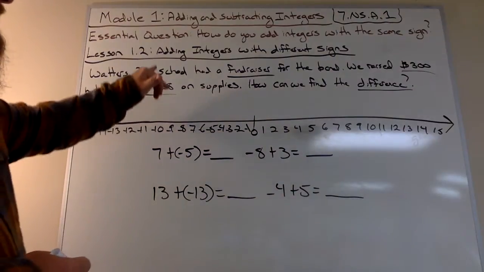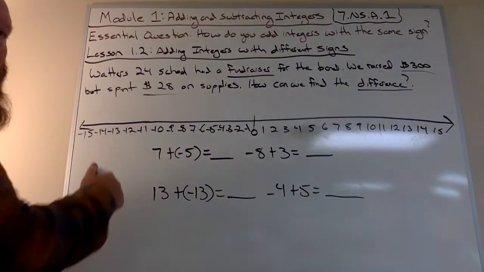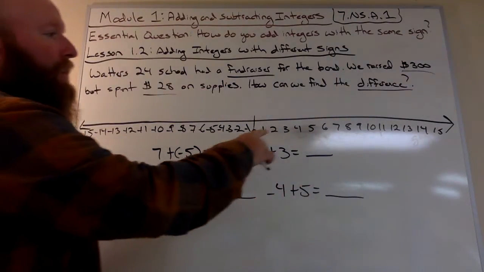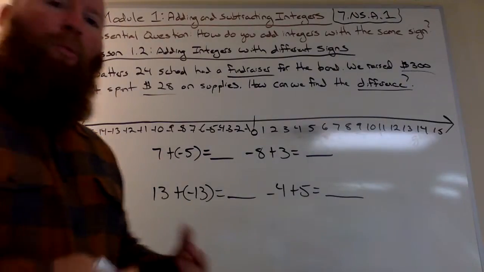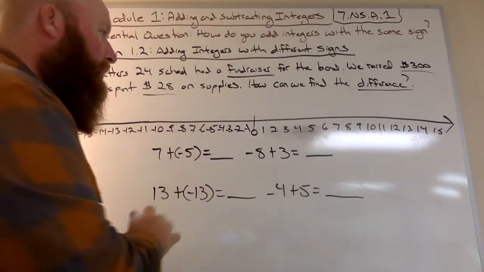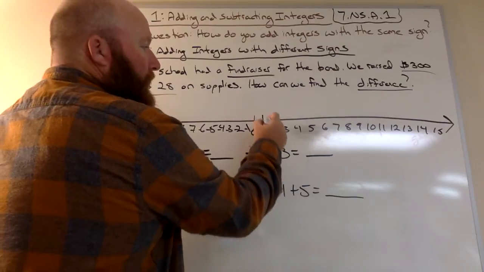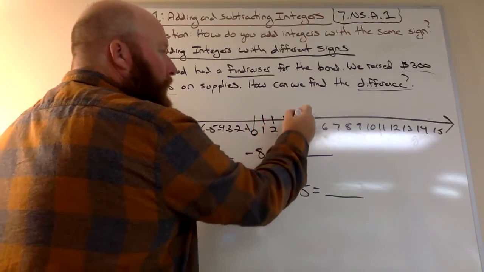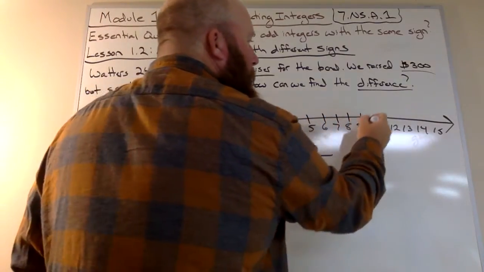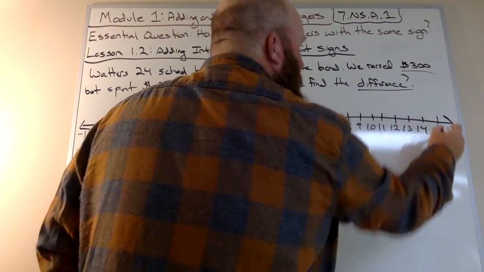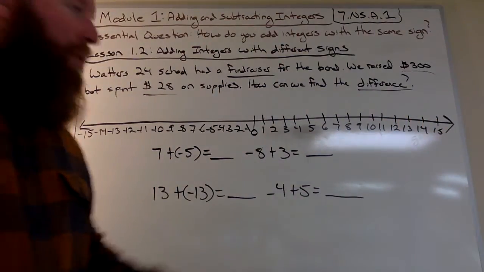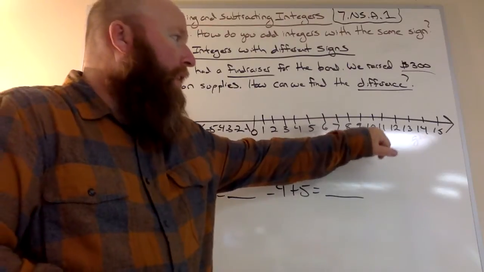So, adding integers with different signs. You can see I had the number line again, but this time I extended it. Now don't forget, as you get more comfortable with this, you can always do intervals. These go by ones, 2, 3, 4, 5, 6, all the way up to 15. But as you get more comfortable, you can do by 5, 10, 15.